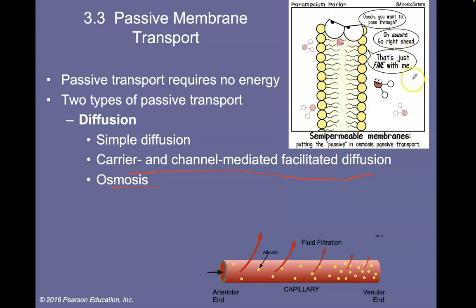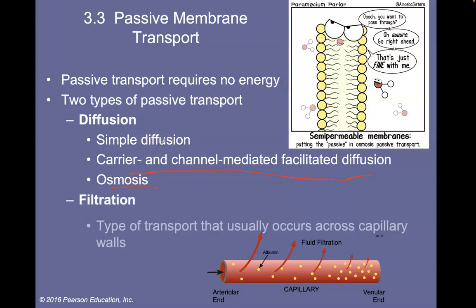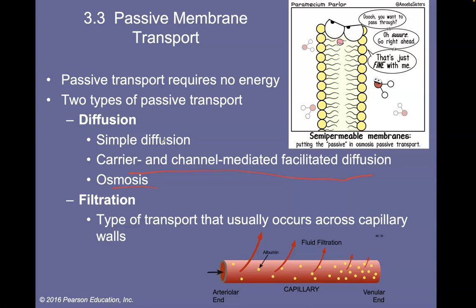That's just fine with me, because these are things that are just passing through, like water molecules in osmosis, through passive transport that can actually make it through the membrane. And then the other type of passive transport, we're not going to talk much about it now, but you will talk about it, especially more in Ch3 when you talk about blood vessels and the urinary system and what happens in the kidney tubules.